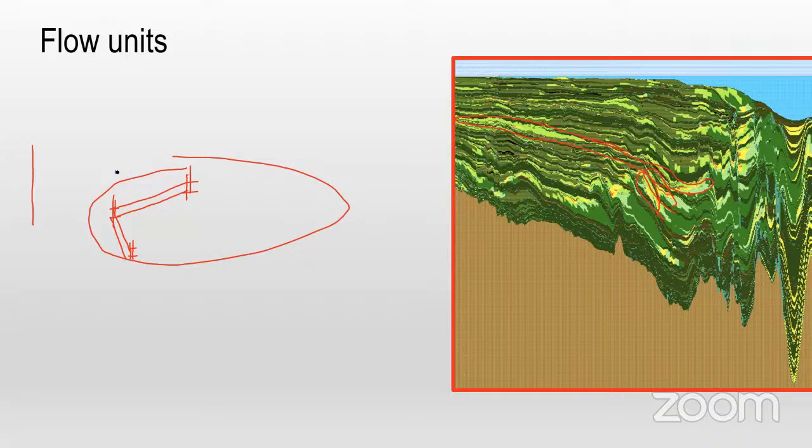But if this interpretation is based on sequence stratigraphy, they can find some patchy sandstone here, some patchy sandstone here, and they say that because of the sequence stratigraphy, you can drill a well in this area and penetrate the sandstone with high quality.